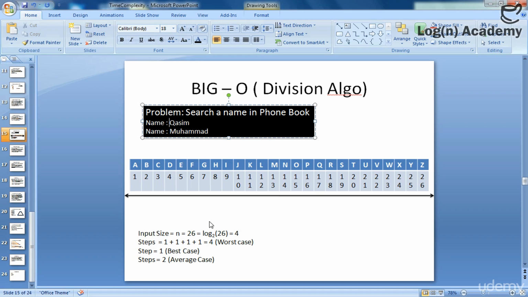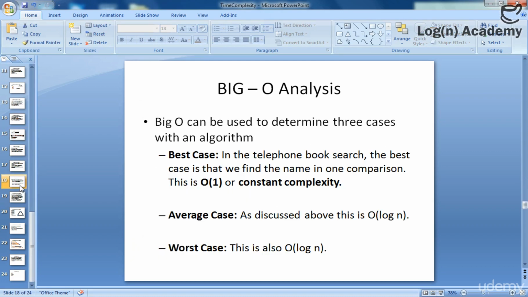So for Muhammad, the worst case is 1, the best case is 1, and the average case is 1, right? So we have the log of n complexity, and in that we search our required result using 4 steps.